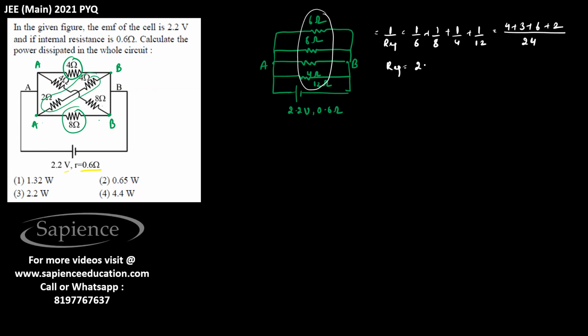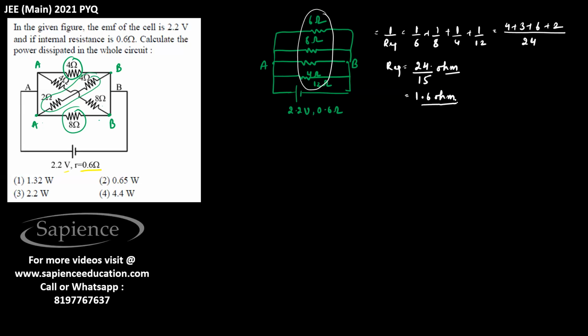So R equivalent will become 24 by 15 ohm, that is 8 by 5, which is 1.6 ohm.